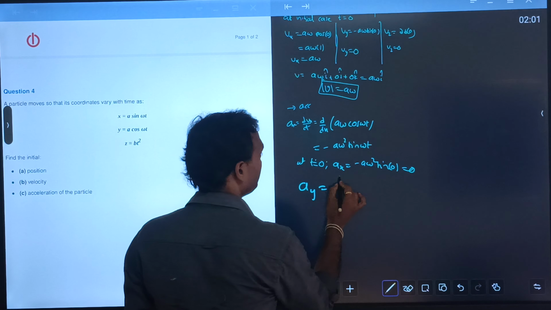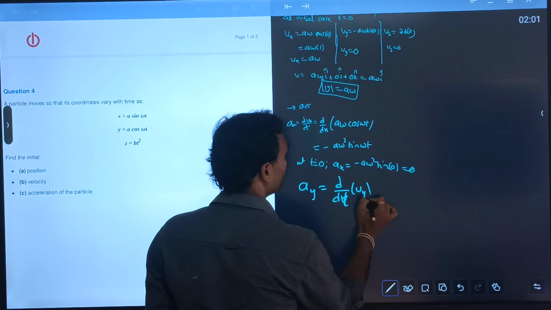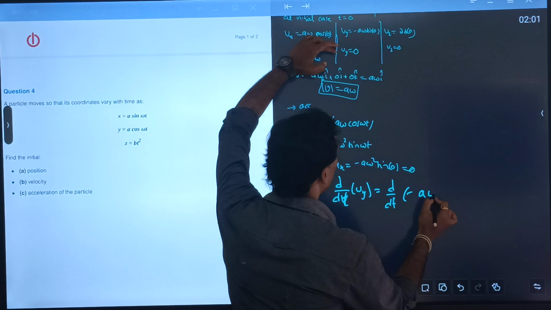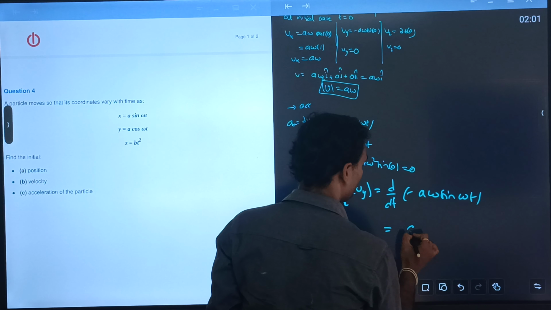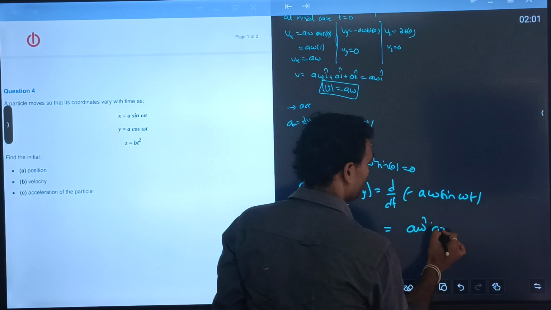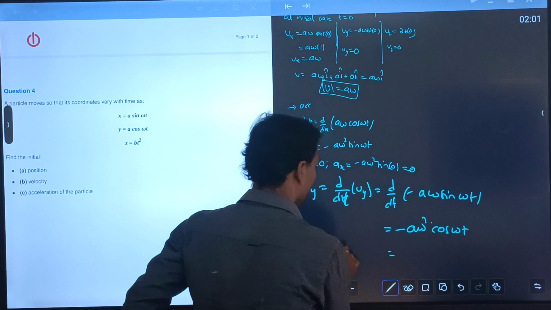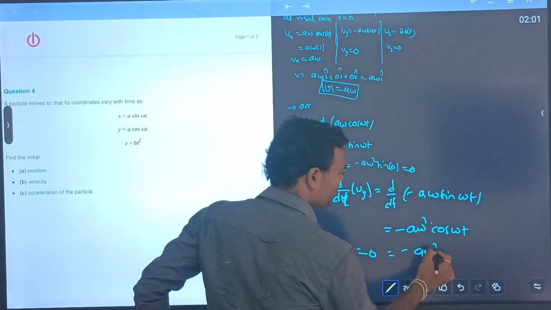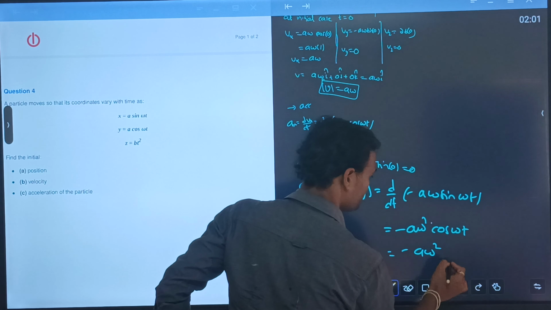Similarly, acceleration on the y-axis is d by dt of vy, where vy is minus a omega sin omega t. This turns out to be minus a omega square cos omega t, so at t equals 0 it will be minus a omega square times 1.